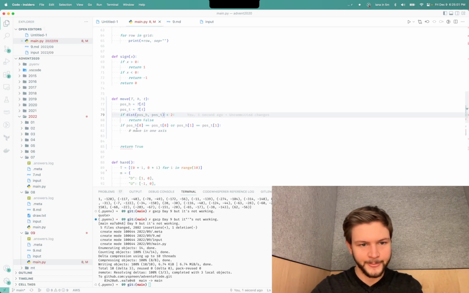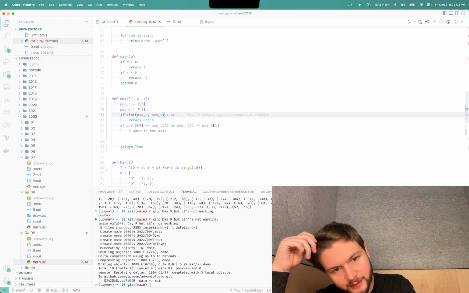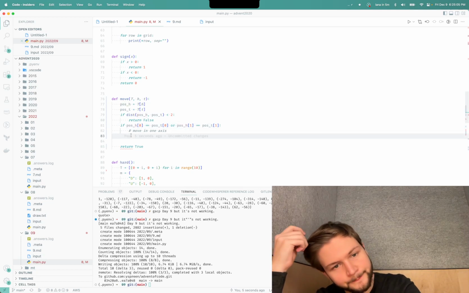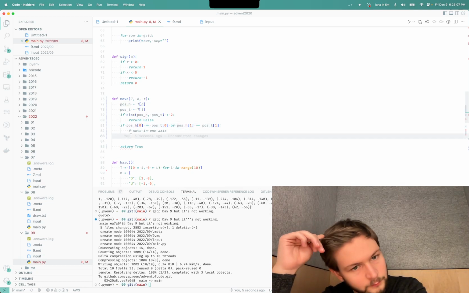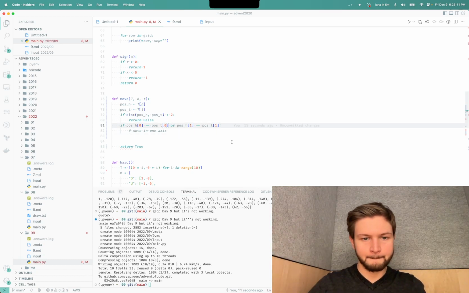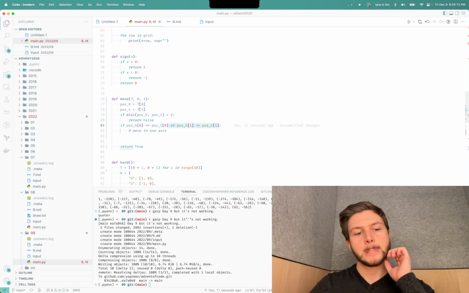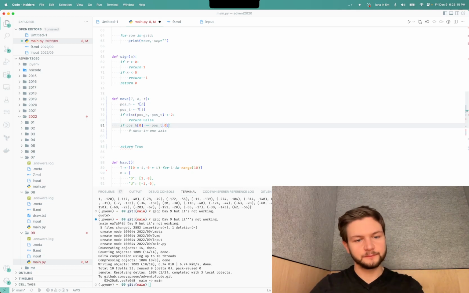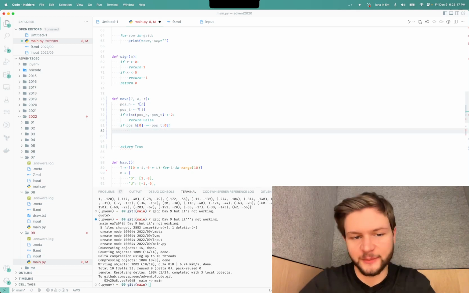Hat tail, hat tail, hat tail. Okay. Well, let's do it axis by axis.